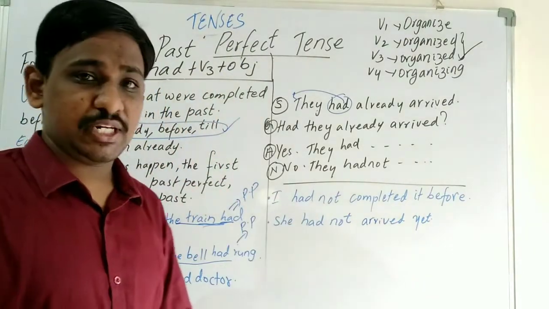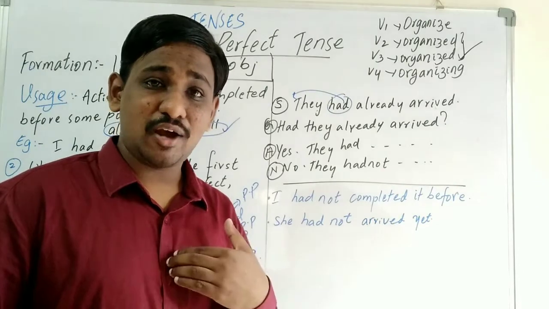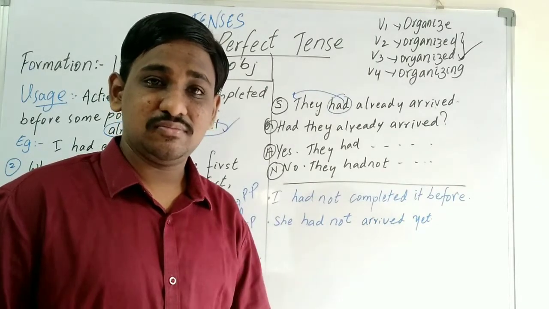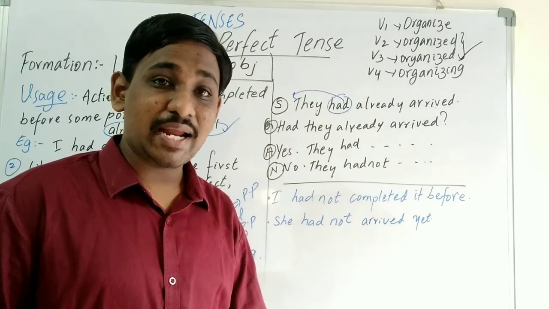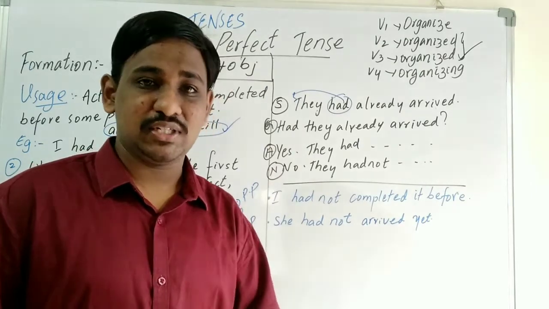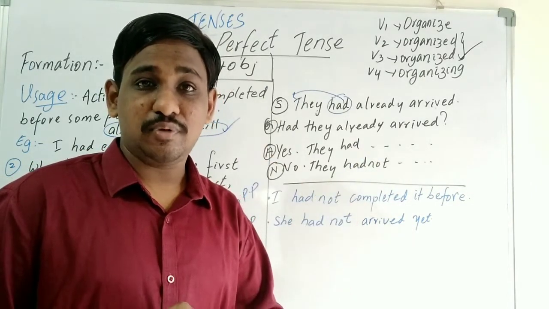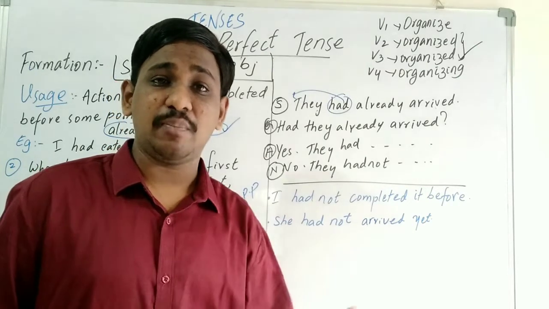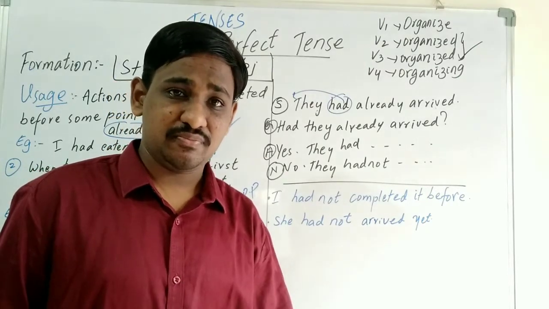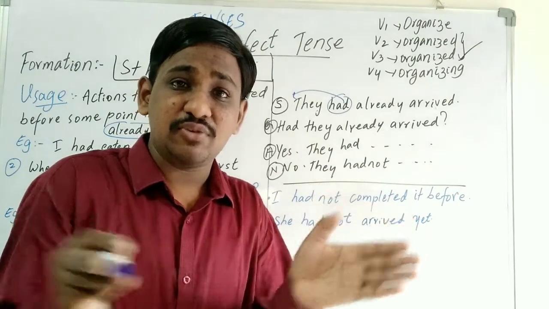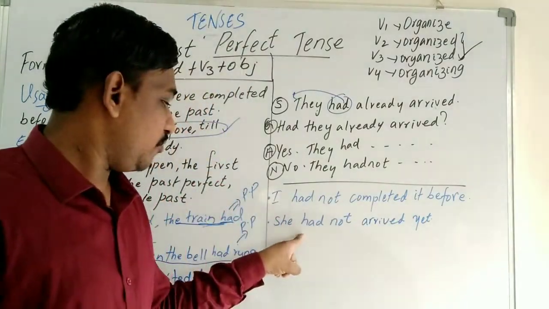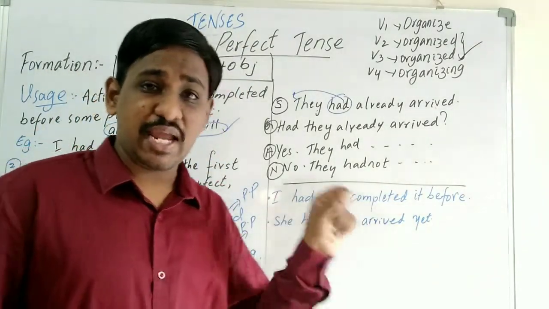I had not completed it before. Had I not completed it before? Question. Yes, I had completed it before. Positive. No, I had not completed it before. Negative. So positive and affirmative are same. One more sentence. She had not arrived yet.